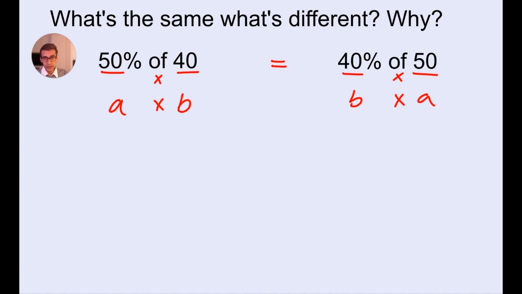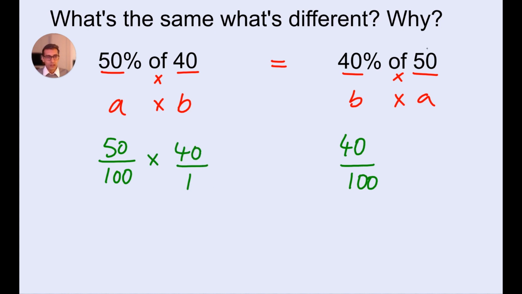And we can show that using decimal representations, or let's use fractions this time. 50% is 50 over 100. 40% is 40 over 100. Now 40 as a fraction is just 40 over 1. 50 as a fraction is 50 over 1.